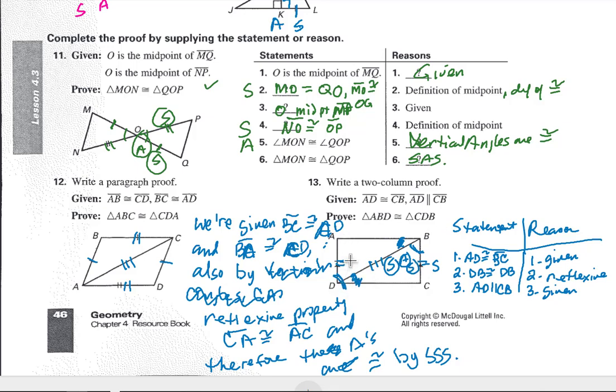Now by alternate interior angles, we can say that those 2 angles are congruent, which gives us the SAS pattern. And we're pretty much done with the proof. So in step 5, we can say that triangle ABD is congruent to triangle CBD.